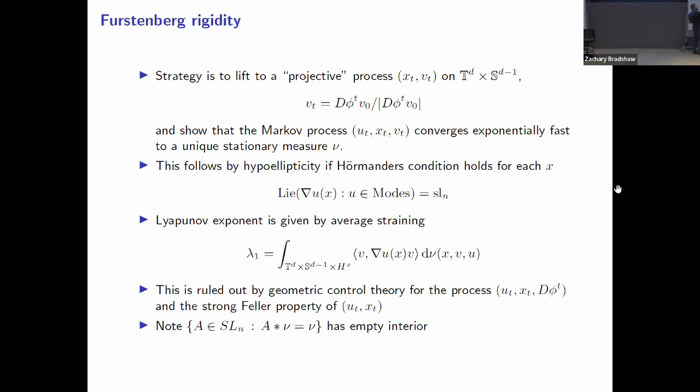If I take my measure nu and disintegrate it, conditioning on both u and x, and then push it forward under the flow like this, then if lambda equals 0, so having no exponential growth at all, this implies immediately that you have this condition almost surely.